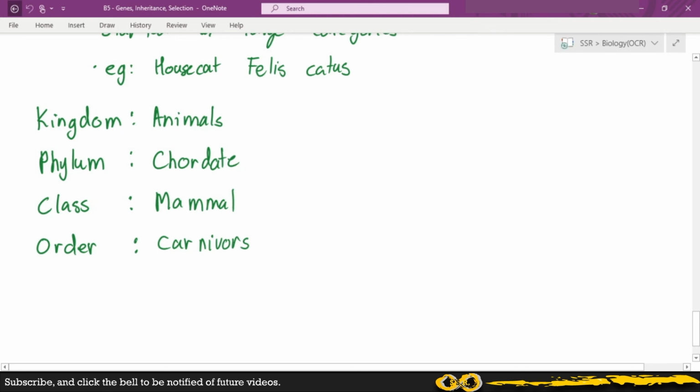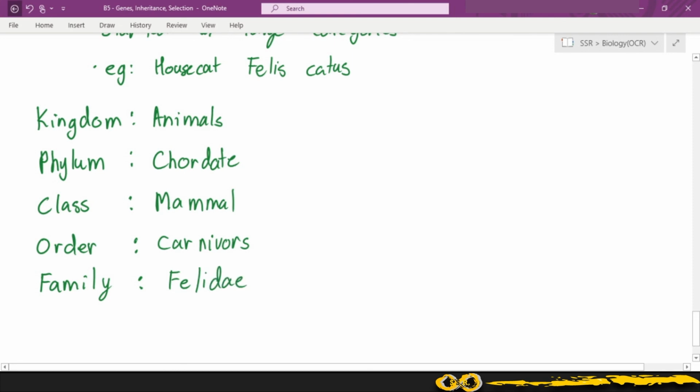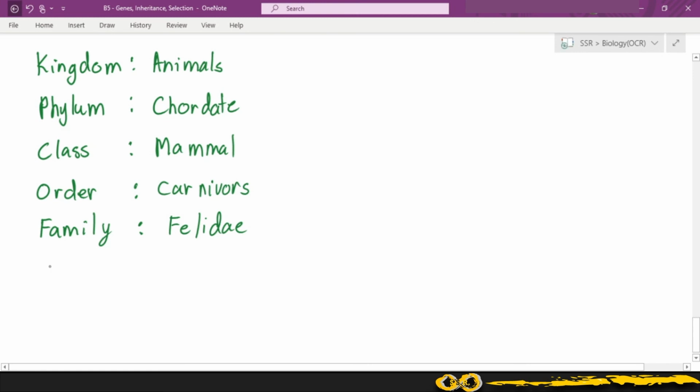Underneath that, we are going to need to have a family. And these are a group of much more related individuals. And so here, the family for cats is going to be the Felidae. And finally, we come to the last two, the genus, which in this case is Felis, and the species, which is Catus.